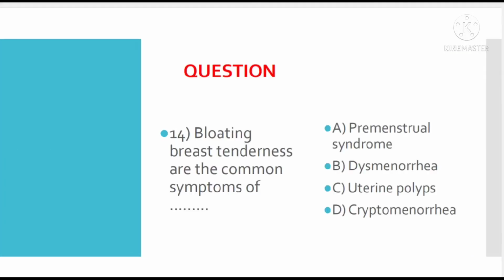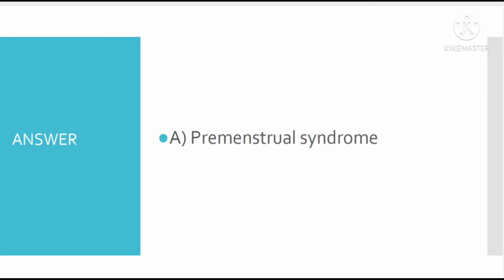Next question, question number 14. Bloating and breast tenderness are the common symptoms of dash. Option A premenstrual syndrome, option B dysmenorrhea, option C uterine polyps, option D cryptomenorrhea. Here the correct answer: option A, premenstrual syndrome.